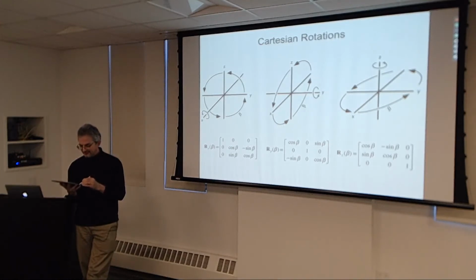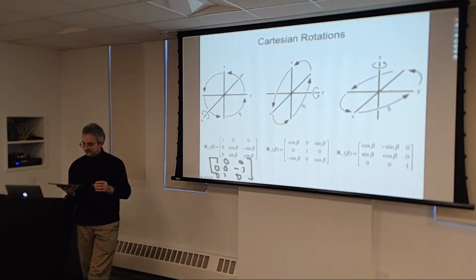So here, for example, if I have a pi over 2 pulse, this becomes 1, 0, 0, 0, 0, minus 1, 0, 1, 0. Right? That would be what the 90-degree x pulse is, because cosine of 90 degrees is 0, and sine of 90 degrees is 1.